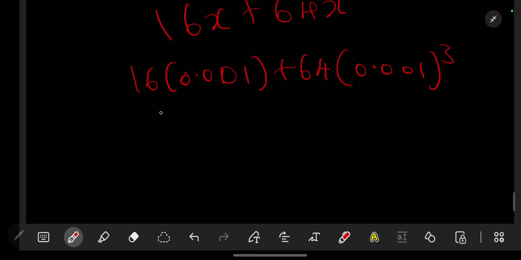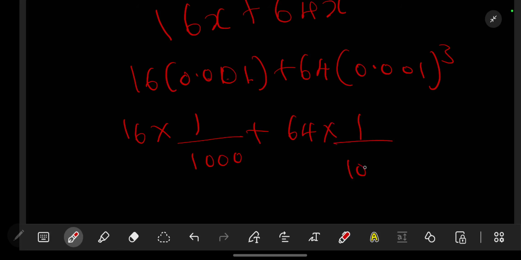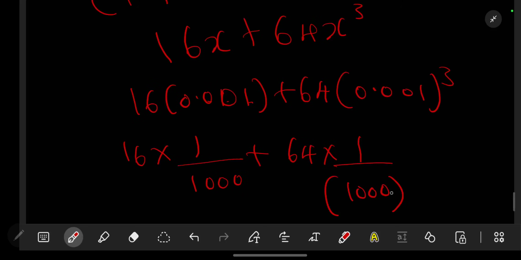So it will be 16 times, this is the same as writing 1 over, if you have 3 numbers here, it means it's 1000, plus 64 times 1 over 1000, but the power is 3. It's the whole thing that will be power 3, but in fact it's just the bottom number, 1000 to the power 3.